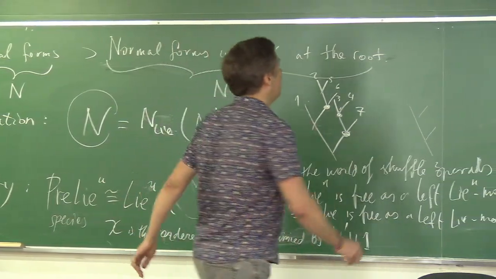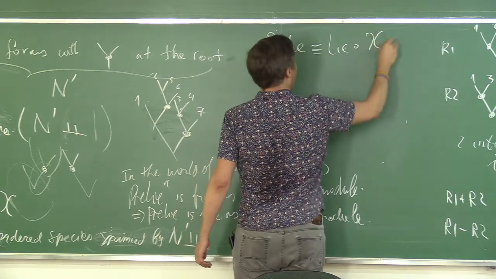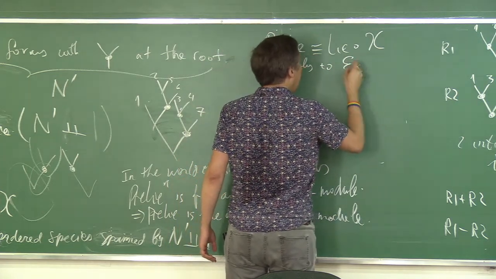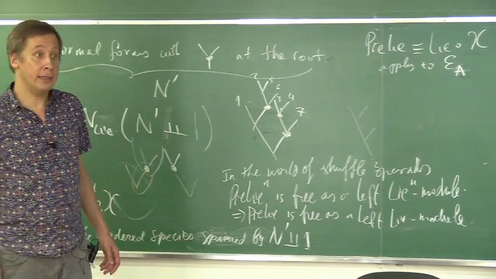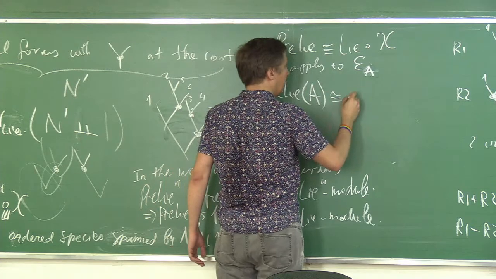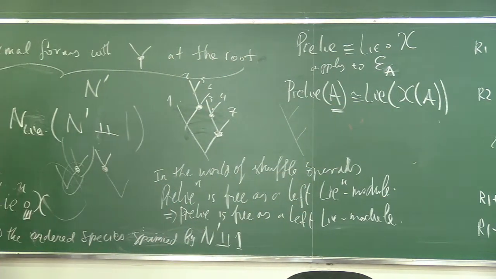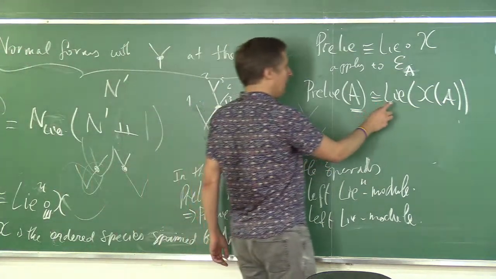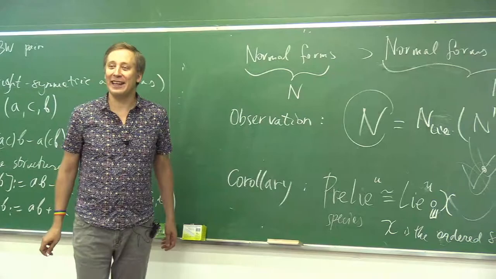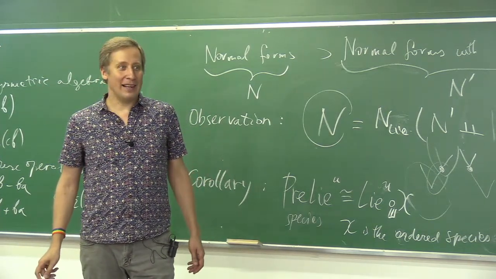Pre-Lie is isomorphic to Lie circle X, you apply it to the species epsilon of A, which is A concentrated in arity 0 that we discussed, and you get pre-Lie of A is isomorphic to Lie of X of A. This shows that the pre-Lie algebra generated by a vector space A is isomorphic to the free Lie algebra generated by the vector space X of A. So this X, the space of generators of the left module, computes the generators of the free pre-Lie algebra as a Lie algebra.